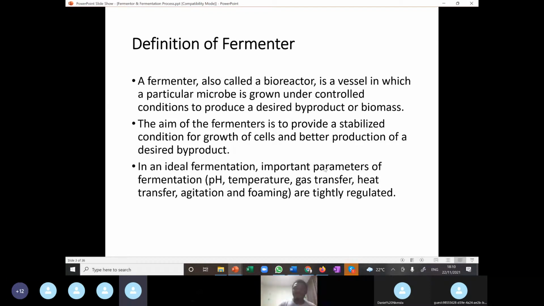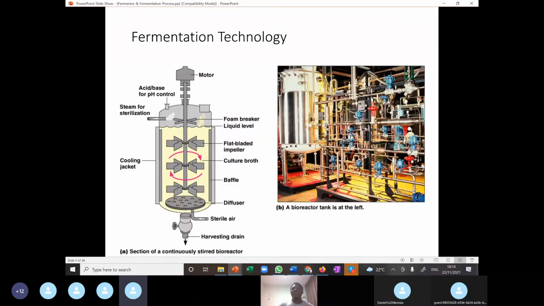I try to have two pictures here, one being the typical fermenter in the industry, and then a schematic of the fermenter to let you understand the different components so that you'll be able to appreciate what you see in the industry. Remember, it is also called a bioreactor. So we either use the word fermenter or bioreactor.